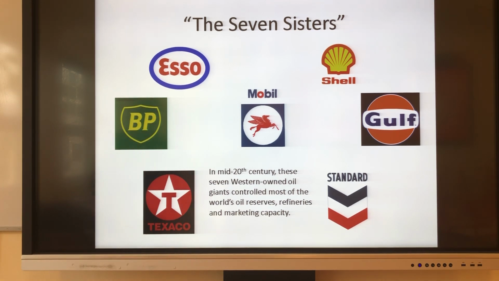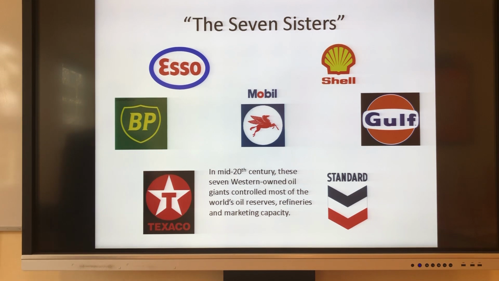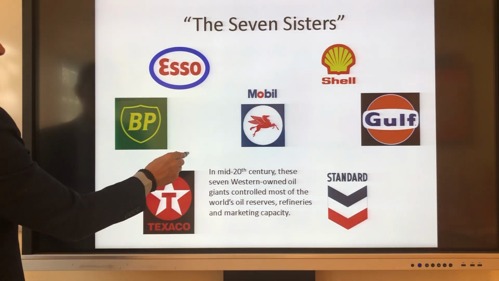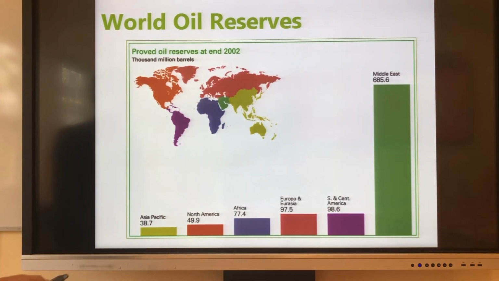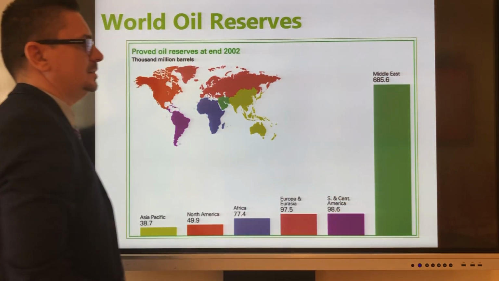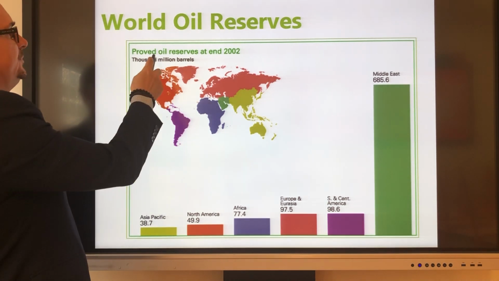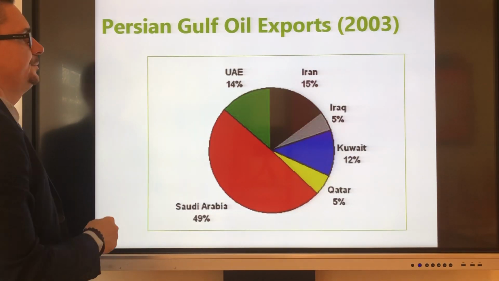And hopefully you could see this symbol here in Hungary a lot. So in the mid 20th century, these 7 Western oil giants controlled most of the world's oil reserves, refineries, and marketing capacity. And as you can see, the Middle East and the southwestern Asian part of the world has most of our proved oil reserves.